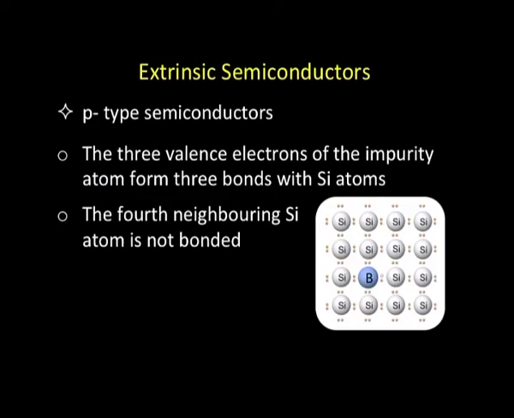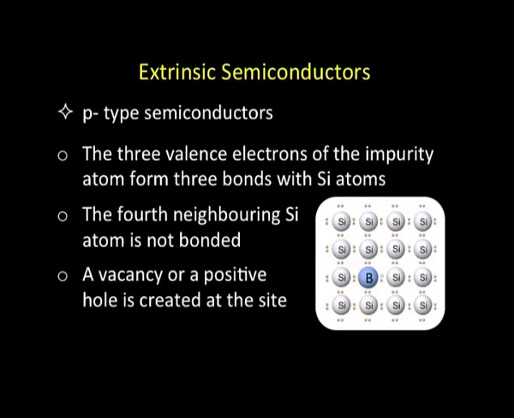This implies that there will be a vacancy, a positive hole created at the boron atom, because silicon has an electron to bind, but boron does not have that electron to bind to the silicon atom.